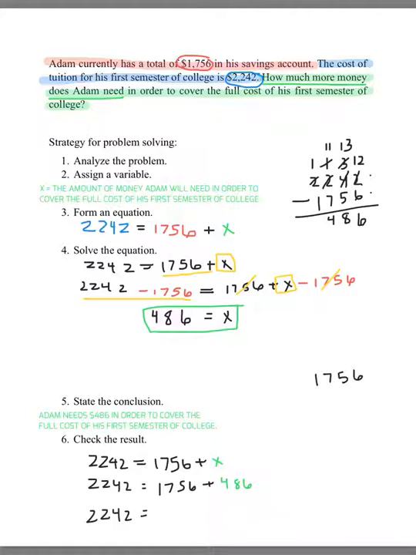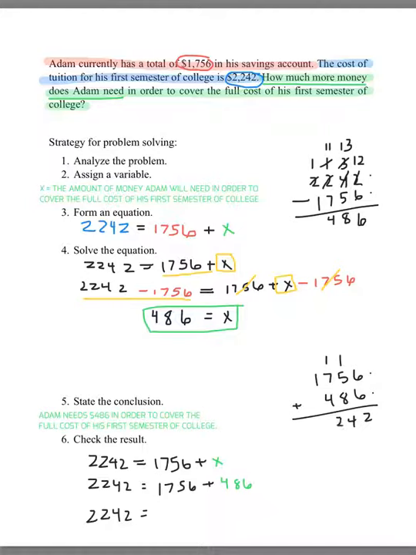We'll have 1,756 plus 486. So 6 plus 6 gives us 12. We bring down the 2, carry the 1. Now 1 plus 5 plus 8 gives us 14. So I'll bring down the 4, carry up the 1. And then 1 plus 7 plus 4 is 12.